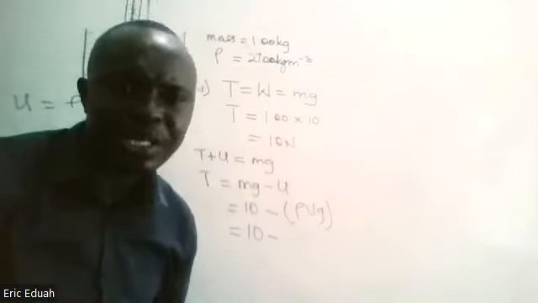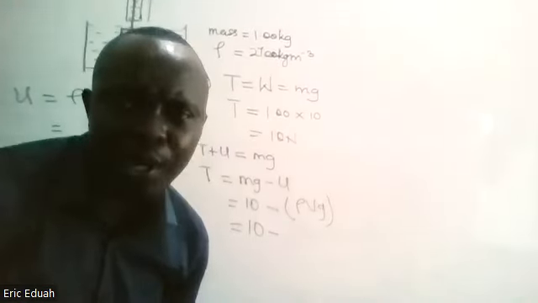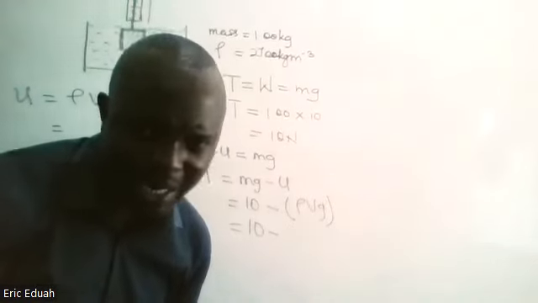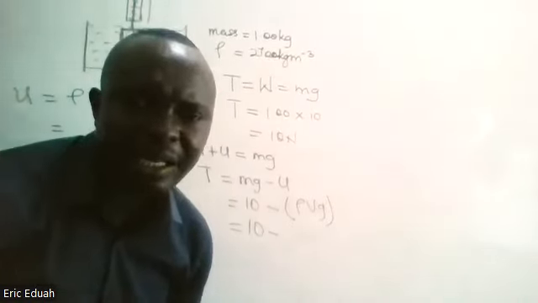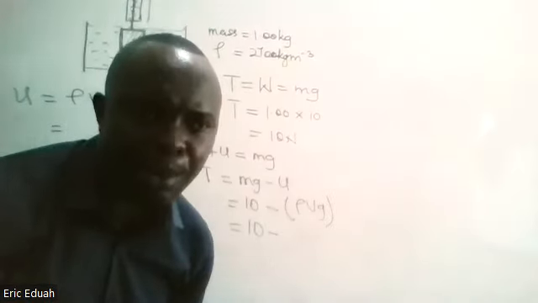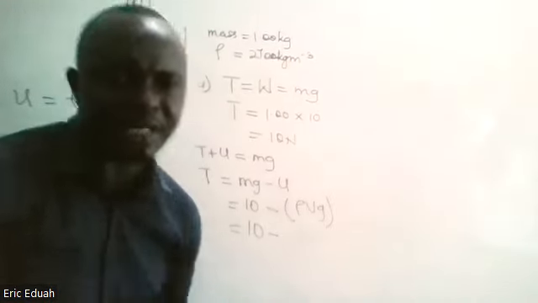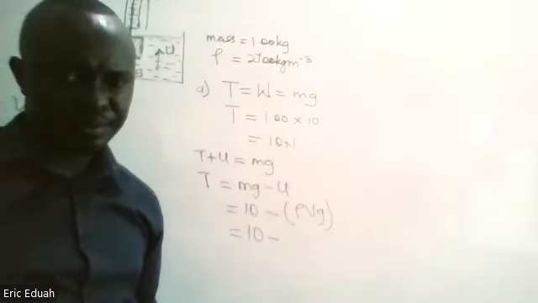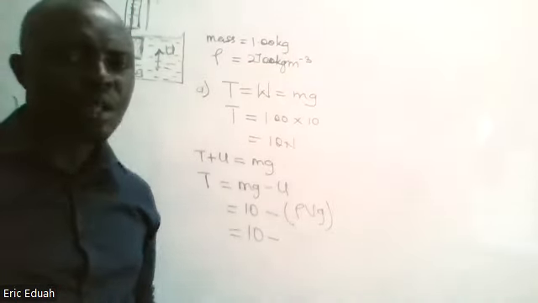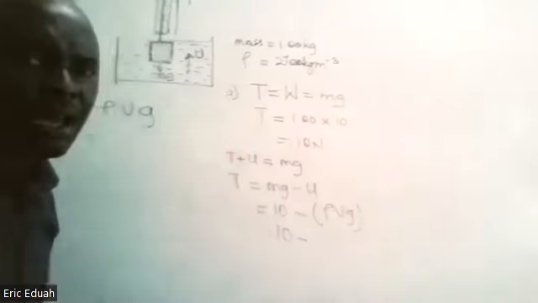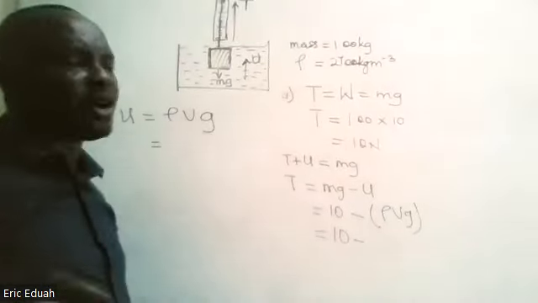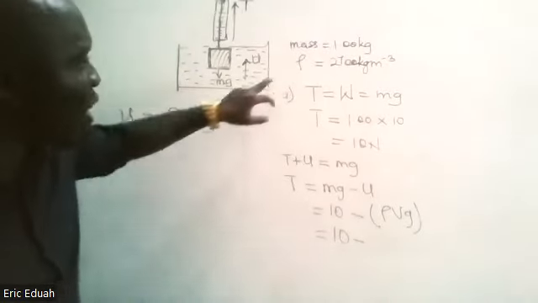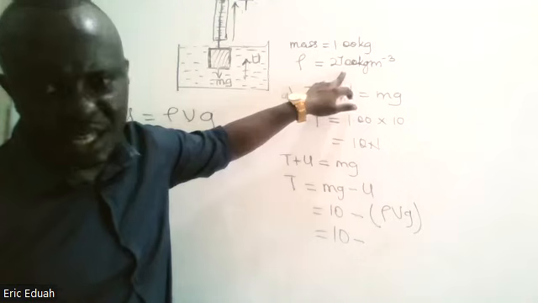And so here we use the density of water, which in gram per centimeter cube is equal to 1, but in kilogram per cubic meter is 1,000. And over here, we have to use the density of water in kilogram per cubic meter because all other units are given in SI units.